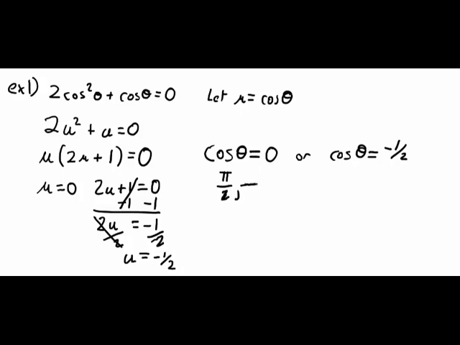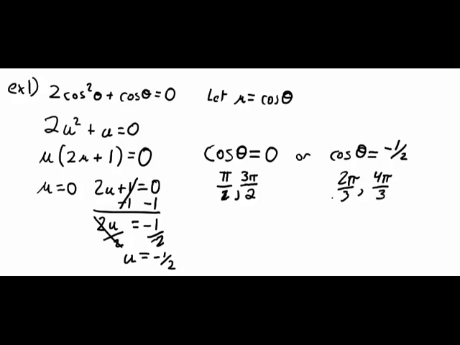Also, 3 pi over 2 is another moment when cosine theta is equal to 0, the 90 degree angle and the 270 degree angle. Now, when does cosine theta equal negative 1/2? Looking at our unit circle, that's 2 pi over 3, and also 4 pi over 3. If we've done our unit circle correctly, these values of cosine will be negative 1/2.